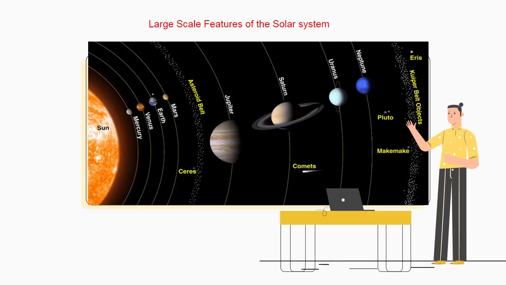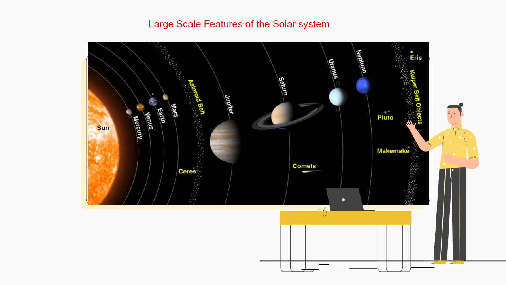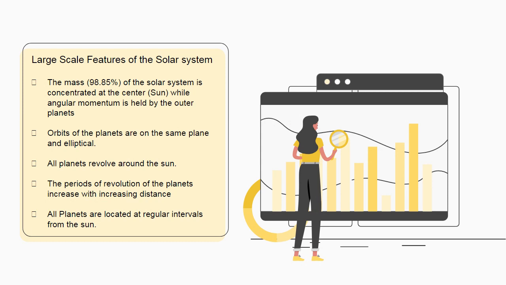Next one, we identify the large-scale features and the small-scale features of the solar system. The first one, the large-scale features of the solar system: the mass is 98.85% in the sun, and the planets are spaced at orderly intervals.